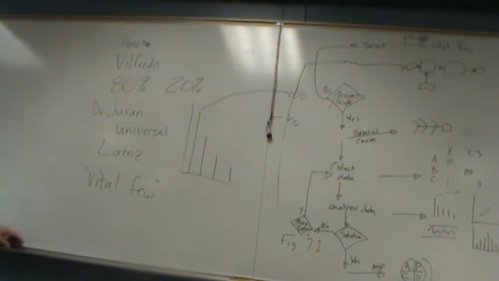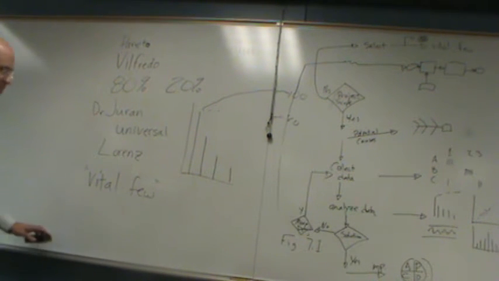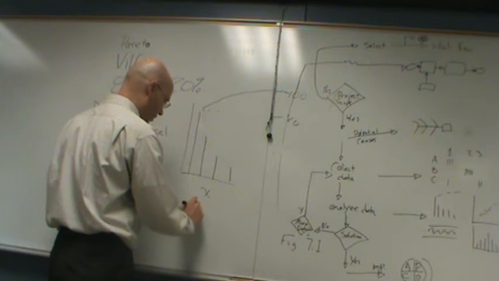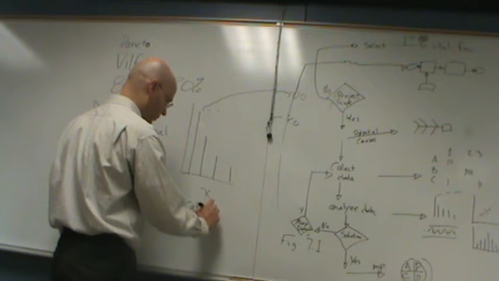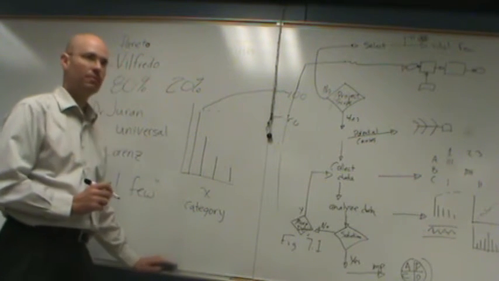Okay, is everybody comfortable with how to create a Pareto chart? They're not too terribly difficult to do. What are the units of the x-axis? Defect types. I've seen words like categories, I mean, almost anything.